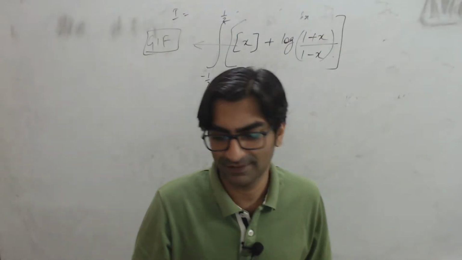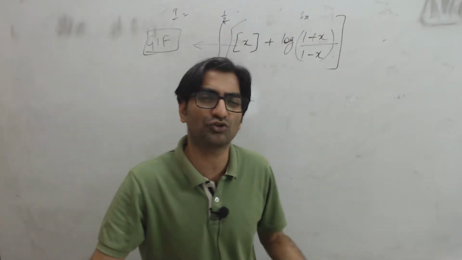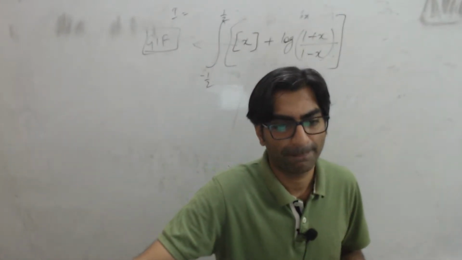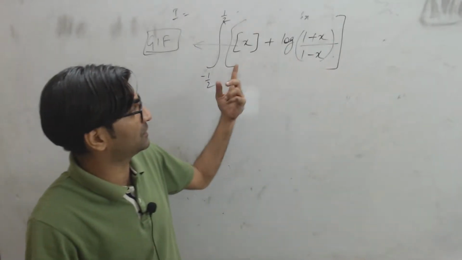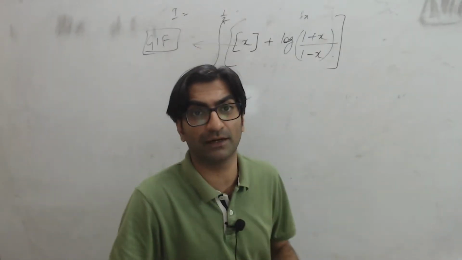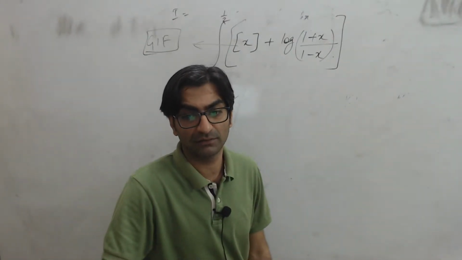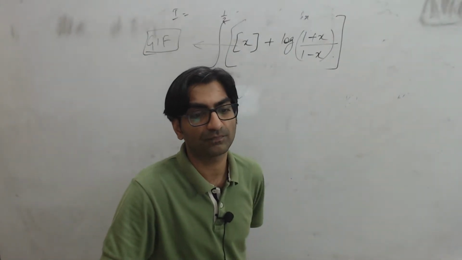That's right, Siddhant. In definite integrals, the most used property is odd even. Should figure it out. Right? Is this odd or even? Is this odd or even? Because if it's odd, the integral will become 0. If it's even, it will be 2 times the half integral, right? Half the range at least.